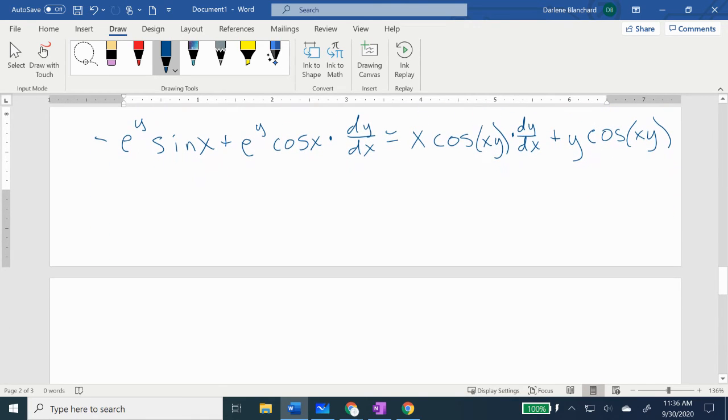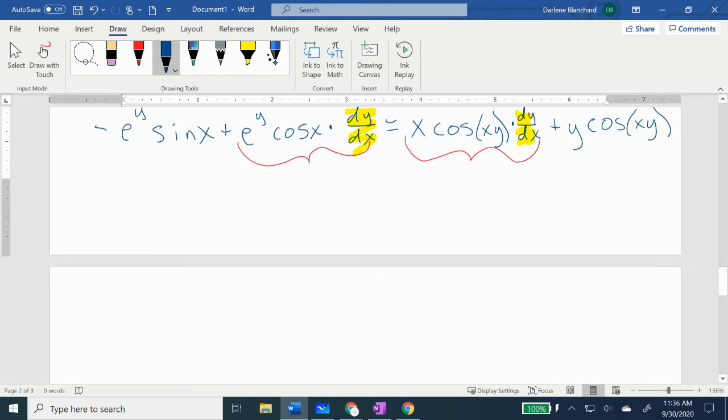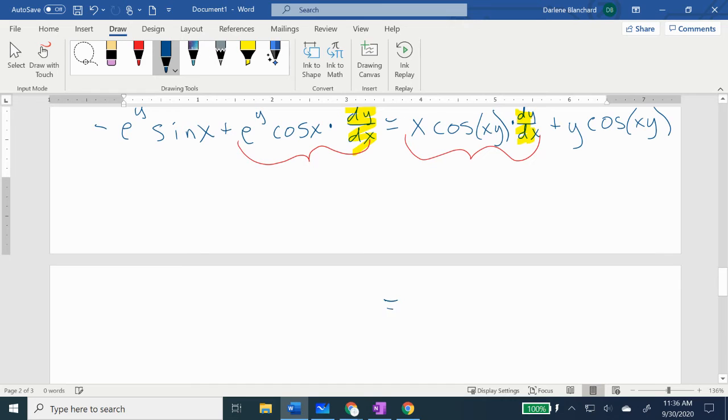And I'm getting close to done. Find the dy dx's. Look at who they are multiplied with and have those on one side of the equation. So I'm going to keep my x cosine xy times dy dx where it is at, and I'm going to subtract over to the other side my e to the y times cosine x times dy dx.